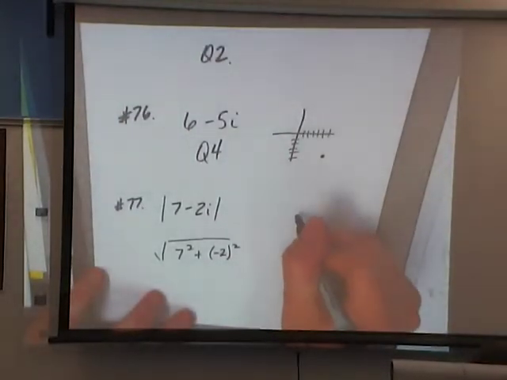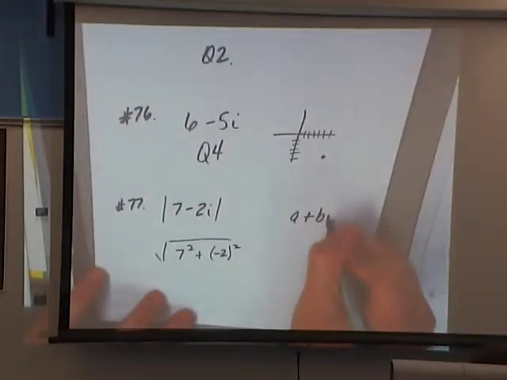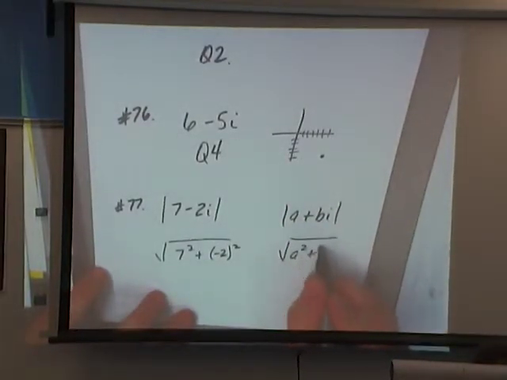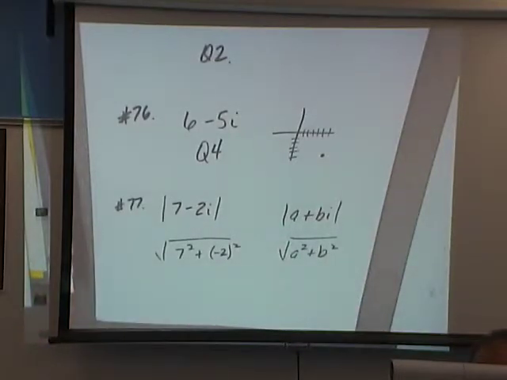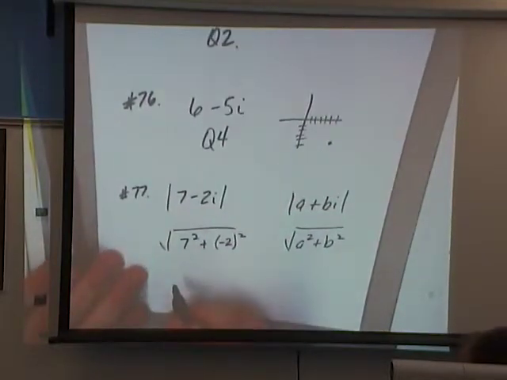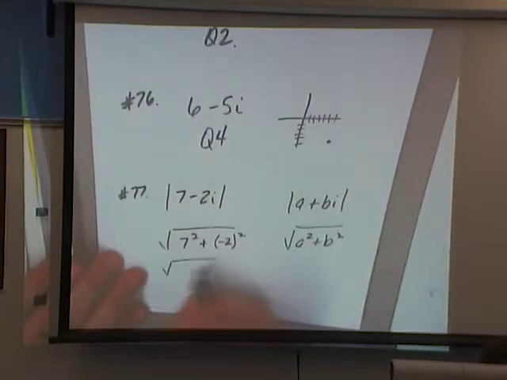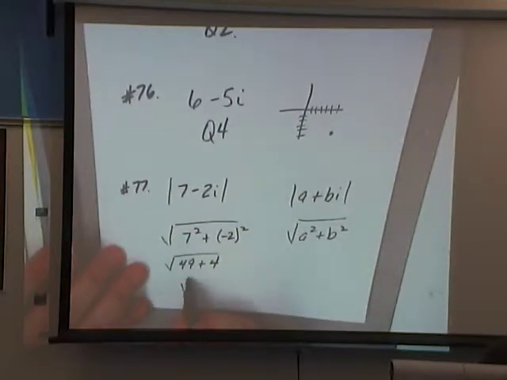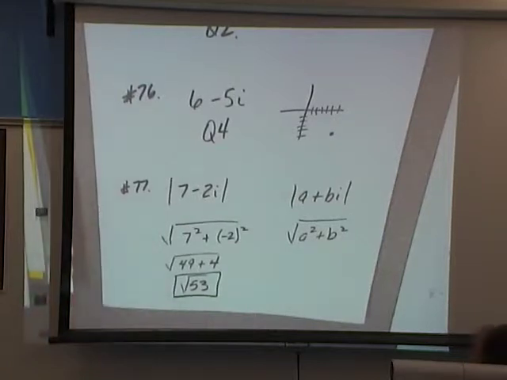Let me write down the formula. If you have a complex number a plus bi, and you want the absolute value of it, then it's just the square root of a squared plus b squared. So this will give us the square root of 49 plus 4, so the square root of 53. Questions on that?